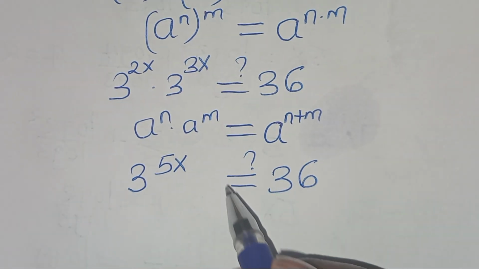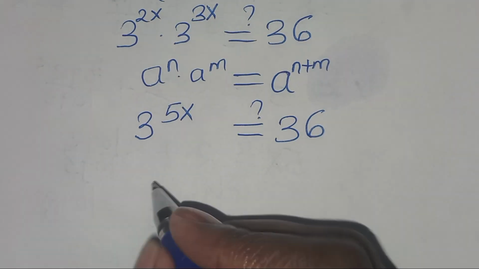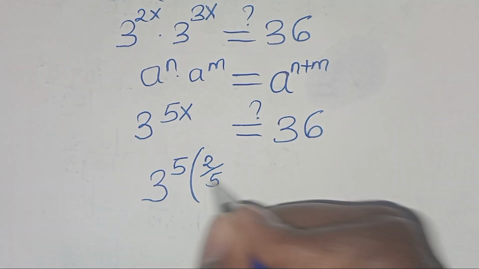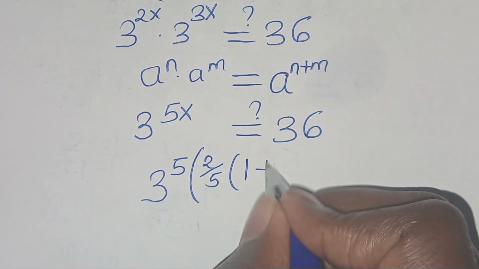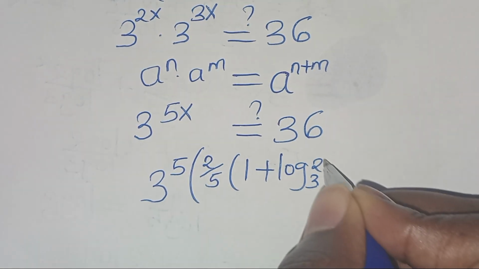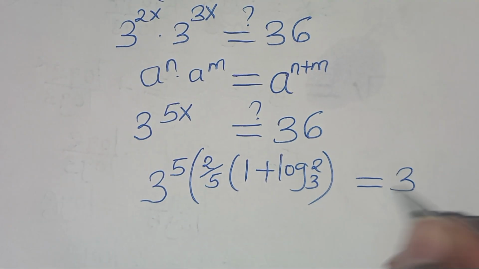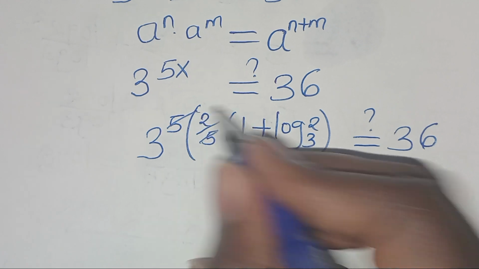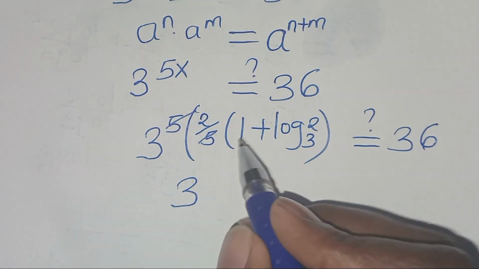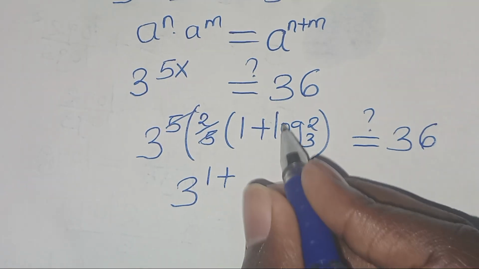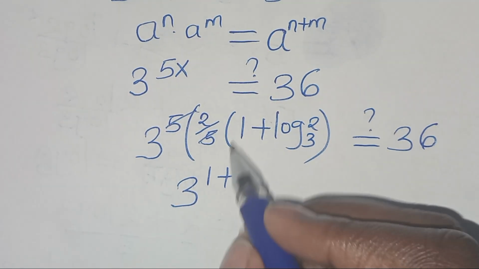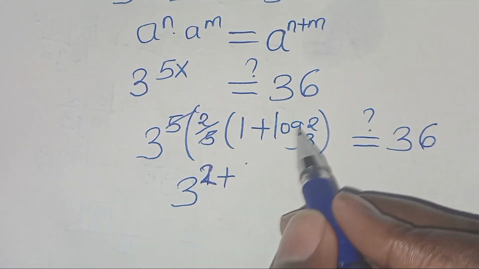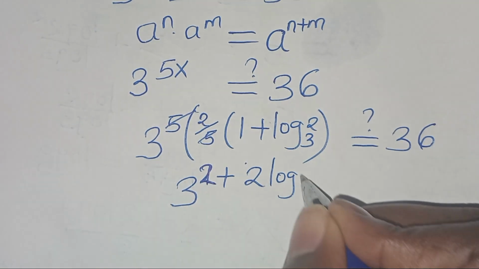Now, let's substitute the value of x from here. So we have 3 to the power of 5 multiplied by 2 over 5 into the parentheses 1 plus log 2 to base 3. This is supposed to give us a value of 36. The 5 and 5 simplify, so that we have 3 to the power of 1 times 2, which is 2, plus 2 times log 2 to base 3, which is 2 log 2 to base 3.